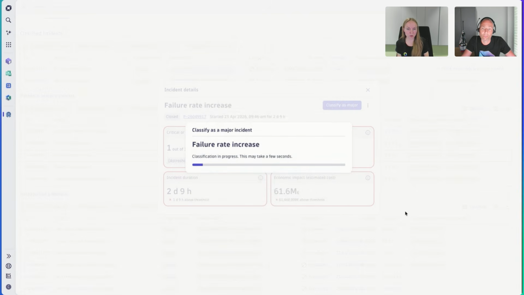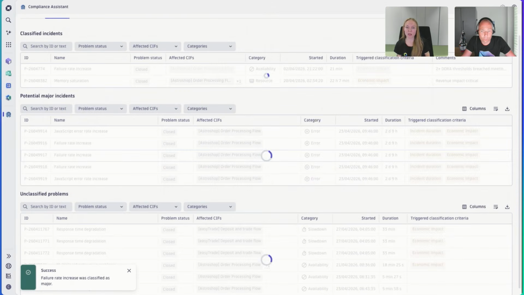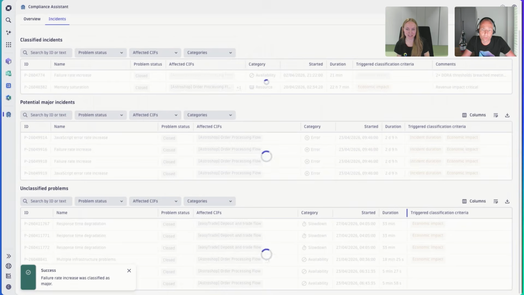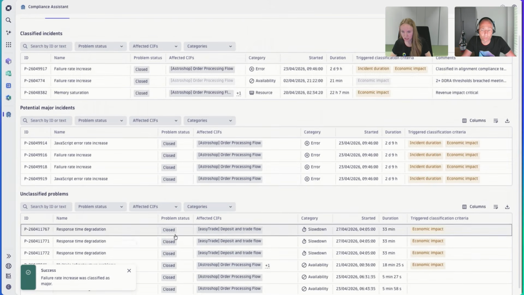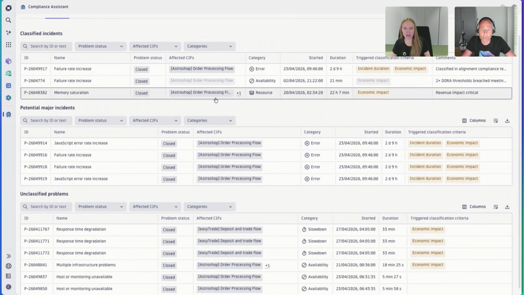Now, we have some loading time here that really shows how in the background, what we're doing is that we're ingesting that snapshot back into Grail with the insights of the technical problem and the compliance incidents visibility with the criteria. We also have the comment I just added. Let's give it a second. So we can see that the incident was classified as major.